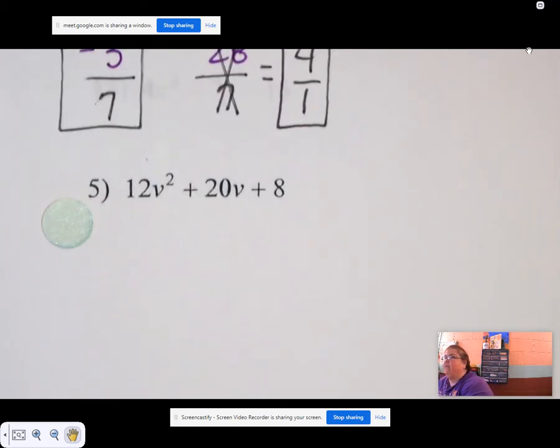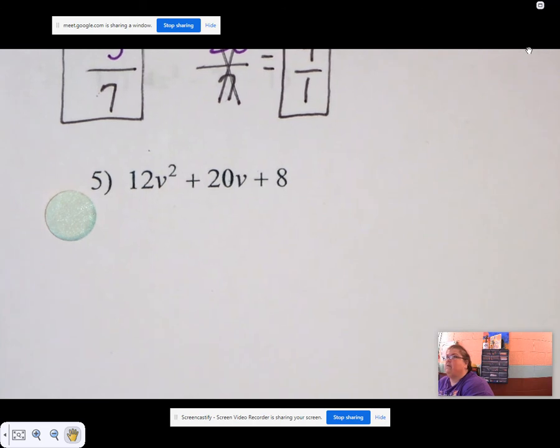Number 5. 12, 20, and 8. There is a GCF. Find it and get the answer, please.